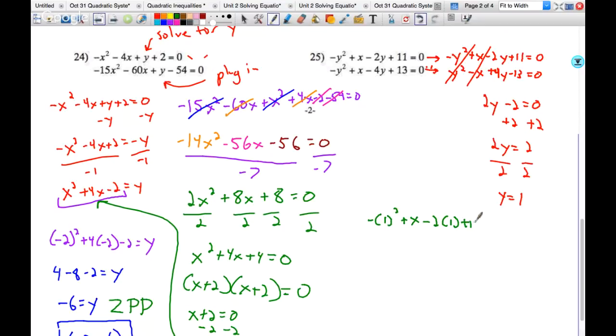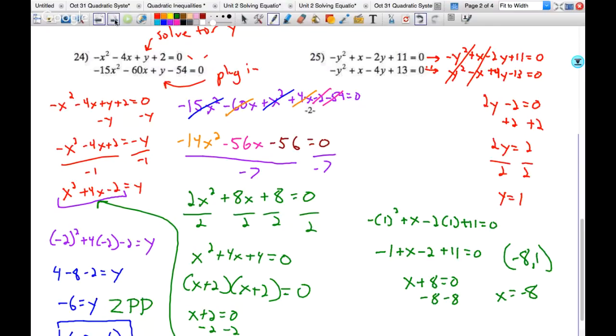Plus 11 equals 0. 1 squared is 1, but the minus stays in front, so -1 plus x minus 2 plus 11 equals 0. These will combine to be a -3 plus an 11 is going to be an 8, so x plus 8 equals 0, minus 8 minus 8. X equals -8. So -8 comma 1.